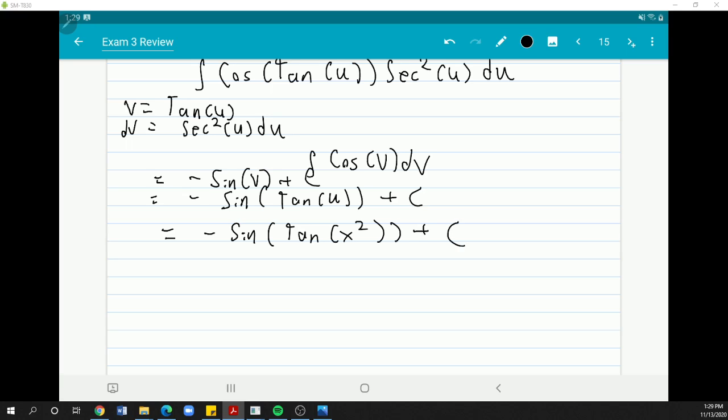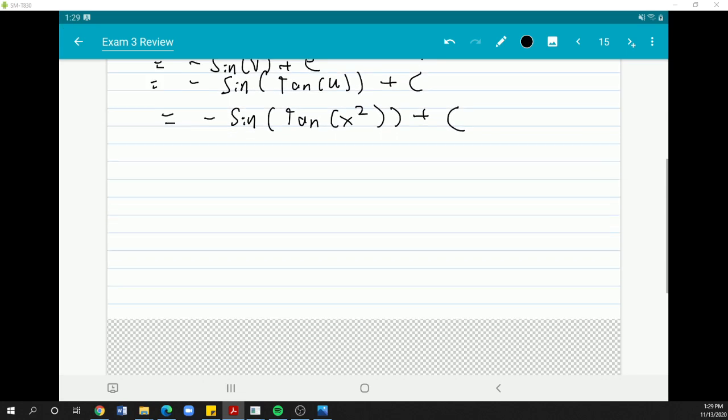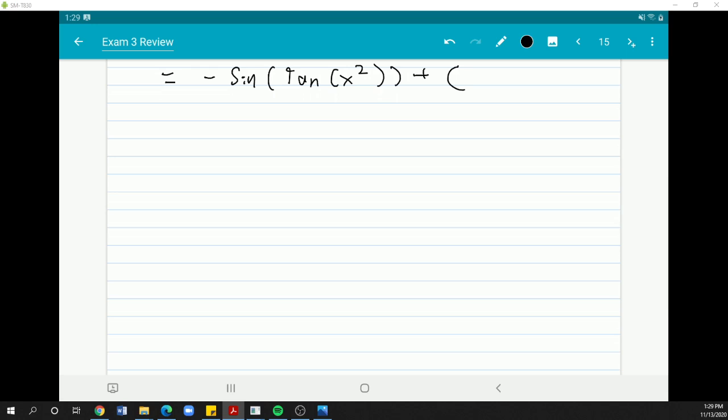So what happened is we secretly had to undo two chain rules, which is why we had to make two u substitutions to do this.